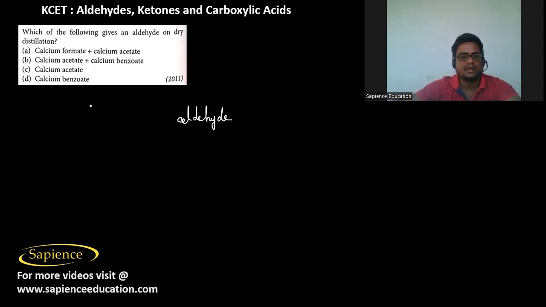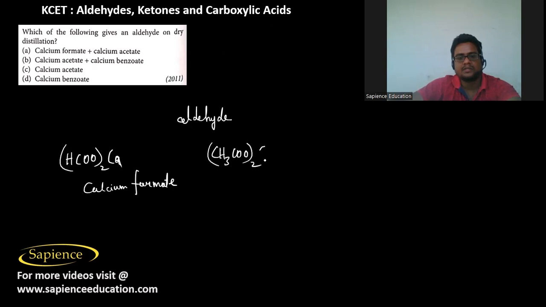So dry distillation of calcium formate, which is (HCOO)2Ca, and calcium acetate, which is (CH3COO)2Ca, and calcium benzoate, which is (C6H5COO)2Ca.